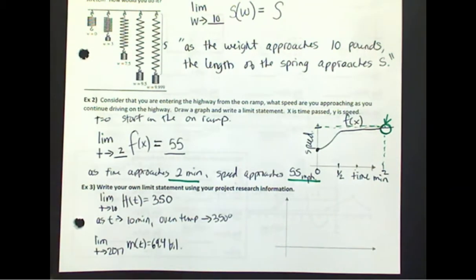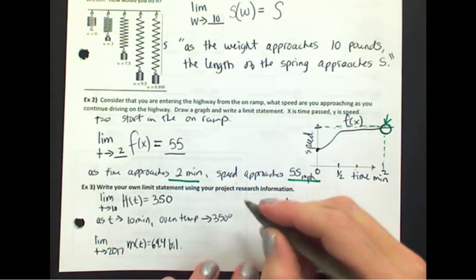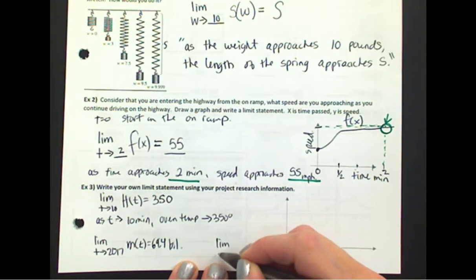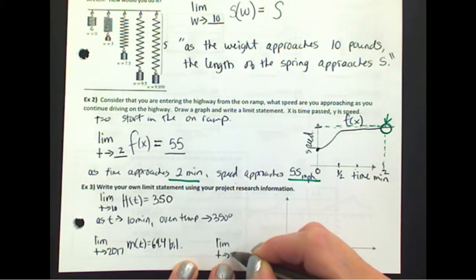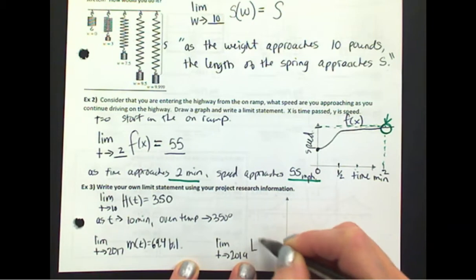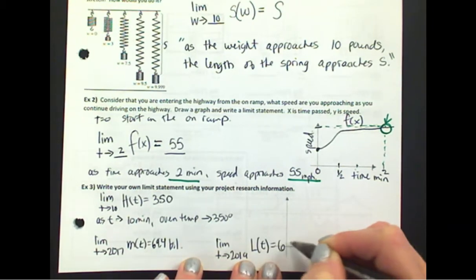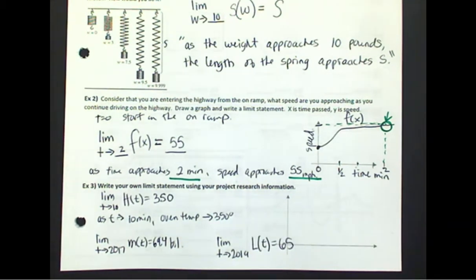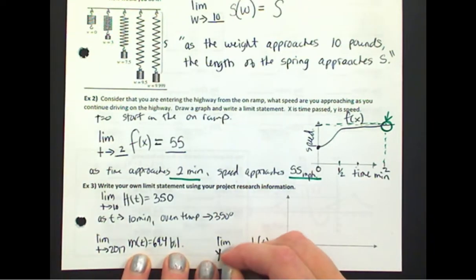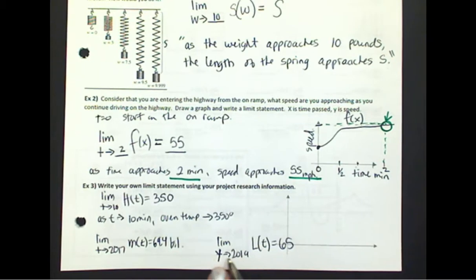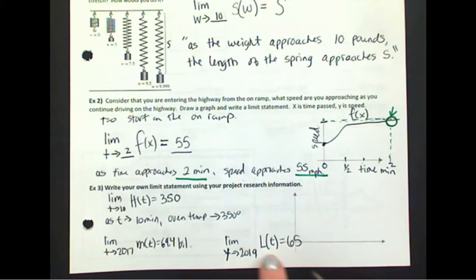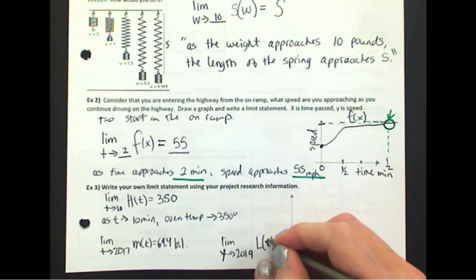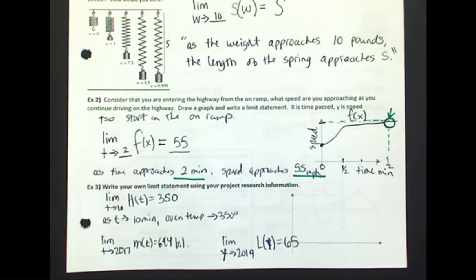Kelly, you had your hand up. Okay. As the year approaches 2019, life expectancy in Cambodia approaches 65 years. Okay, there you go. As the year approaches, so I could change that T to Y, it doesn't matter. As the year approaches 2019, the life expectancy approaches 65.